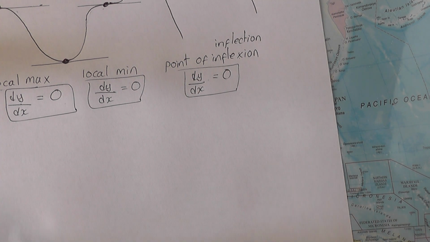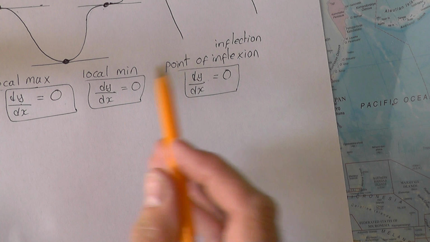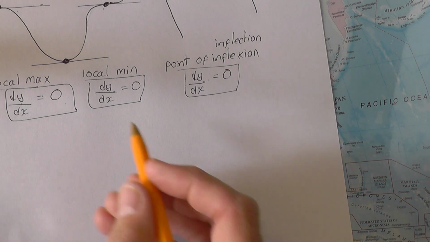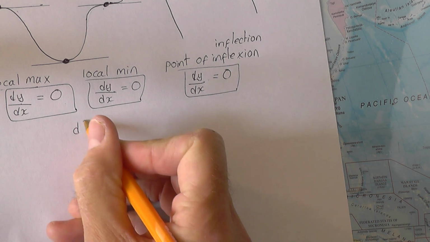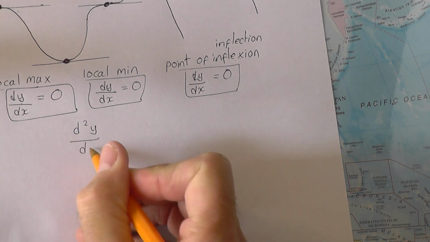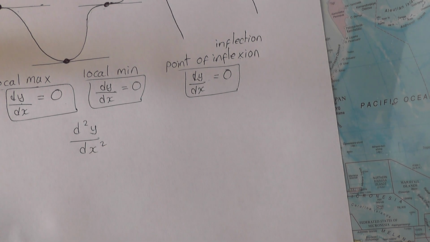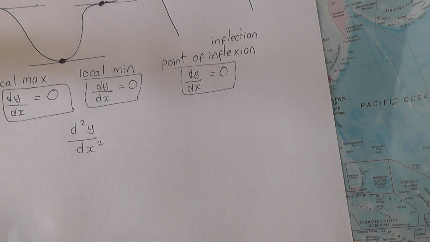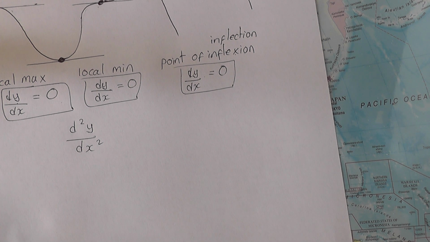We then follow that up by saying, if you want to distinguish between them, if you want to work out which stationary point is which when you're doing a particular question, let me remind you of the technique, and then perhaps in another video I'll follow it up by showing you a reminder of the work we've done in year 12, and then in subsequent videos we'll have a look at some new techniques on stationary points for year 13 work.